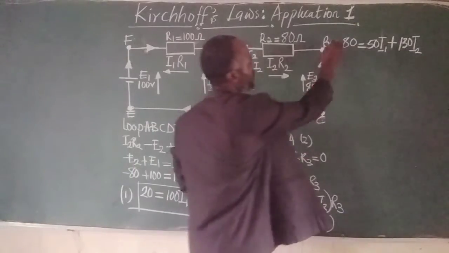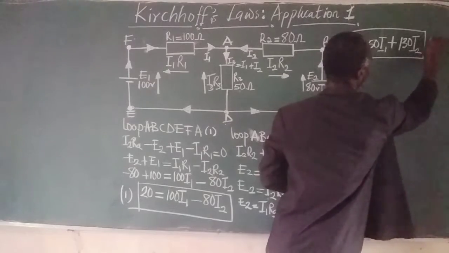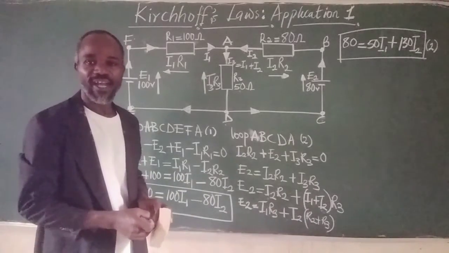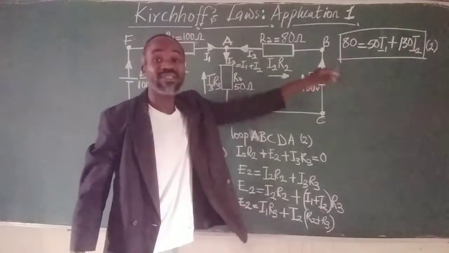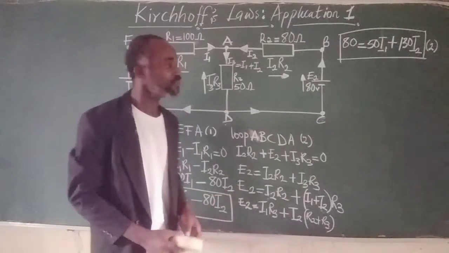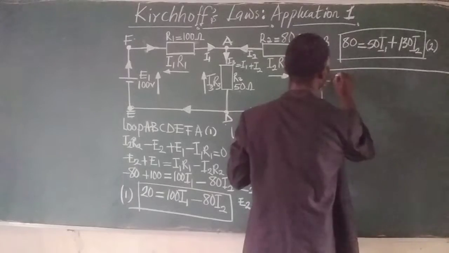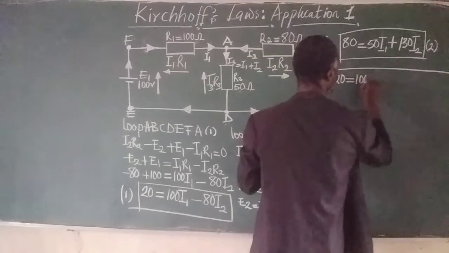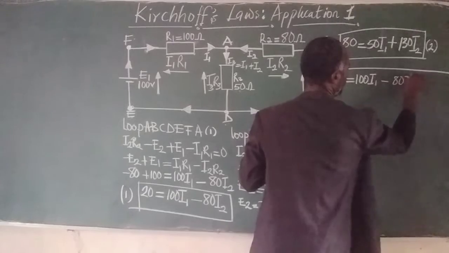We can now call this our second equation, equation number 2, right? It is now time for us to solve equation number 1 and equation number 2 simultaneously by applying the simple elimination method. So we're going to bring them together. The first one is 20 is equal to 100 current 1 minus 80 current 2.